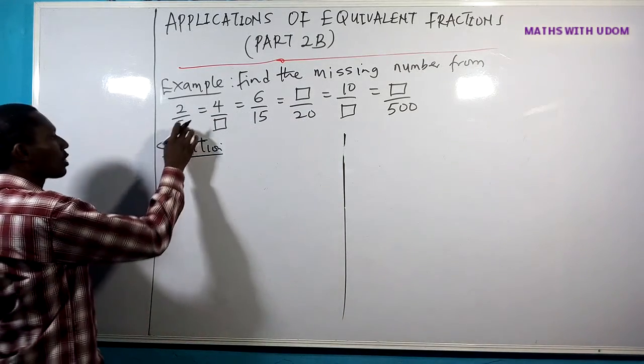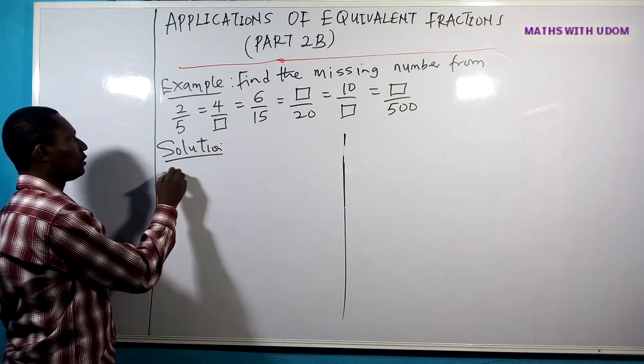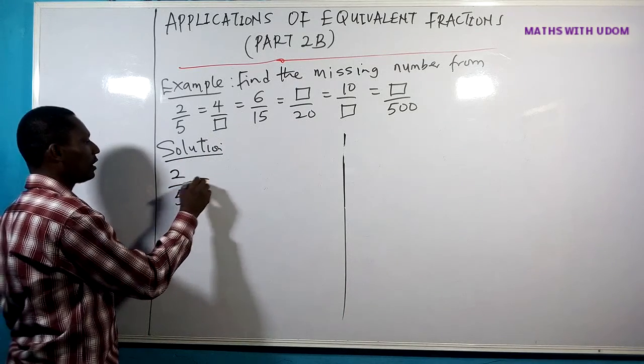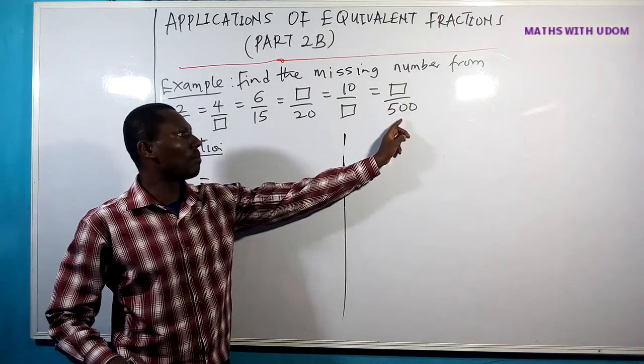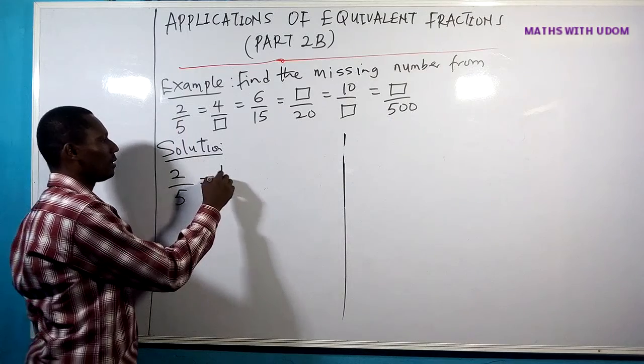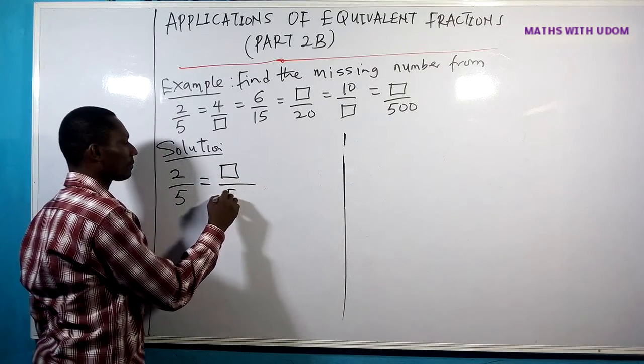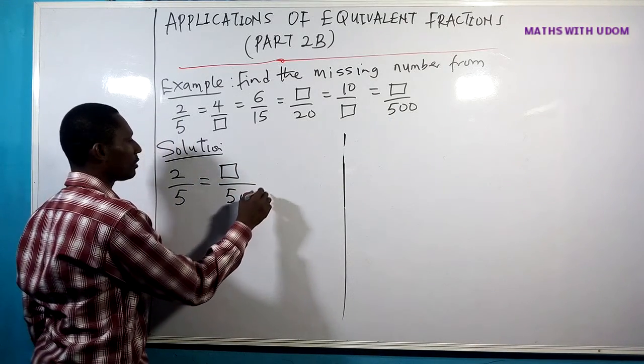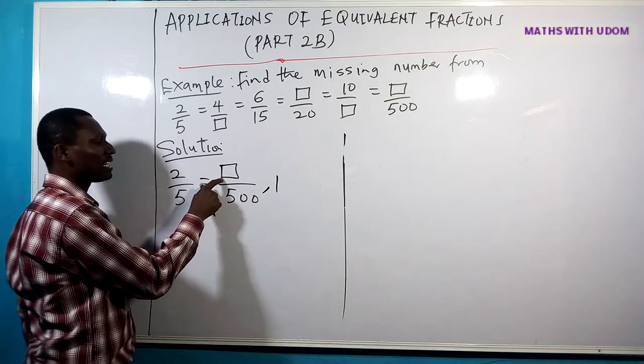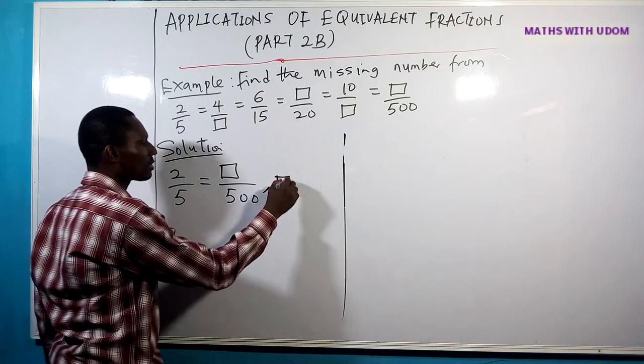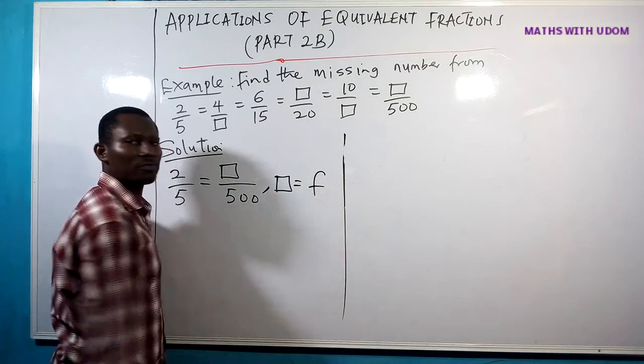The complete fraction here is 2 divided by 5 equals the last fraction, box over 500. So let my box here be represented by an alphabet. So let the box represent F.